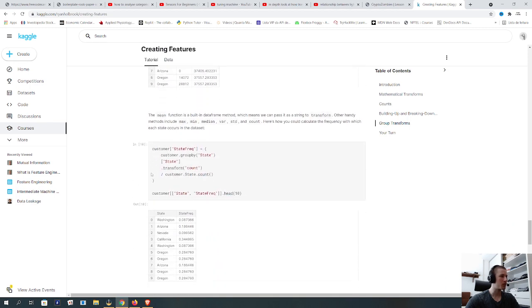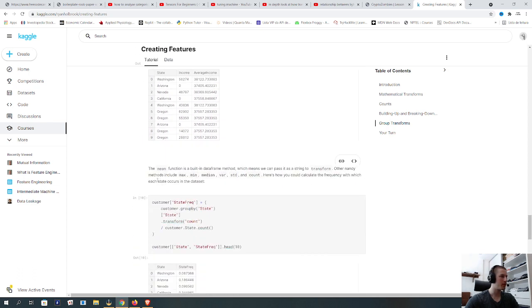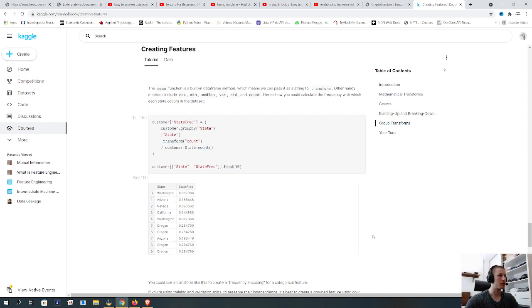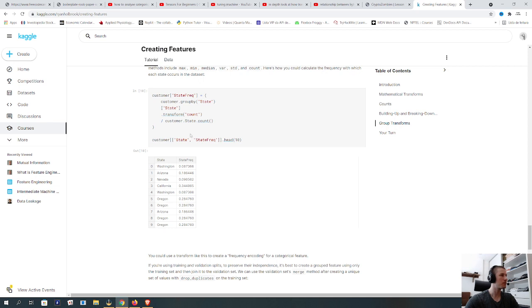The mean function is a built-in data frame method, which means we can pass it as a string to transform. Other handy methods include max, min, median, var, std, and count. Here's how we could calculate the frequency with which each state occurs in the dataset. So same thing as before, but using count instead.